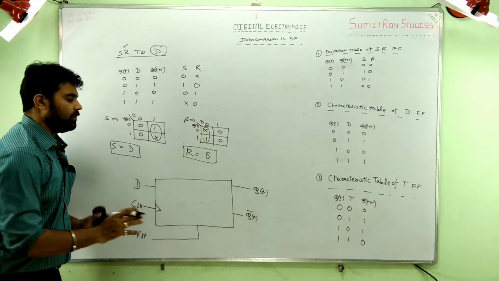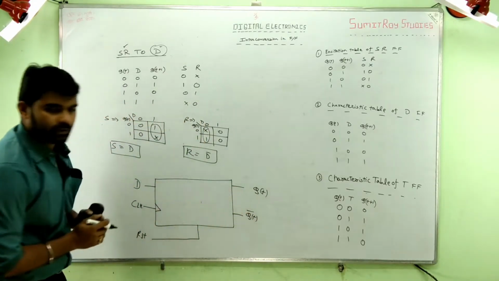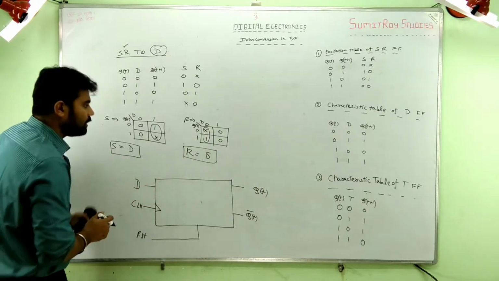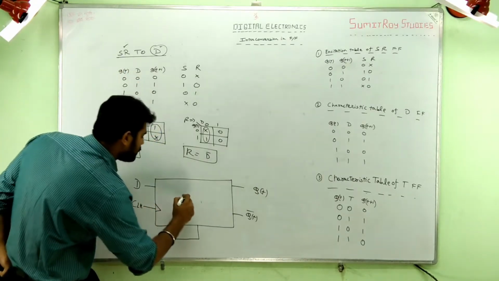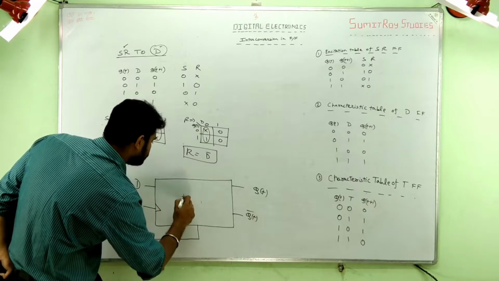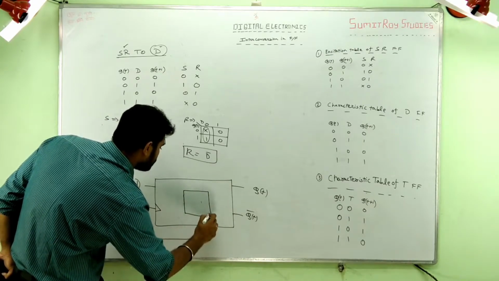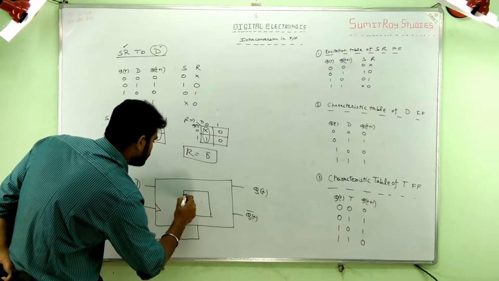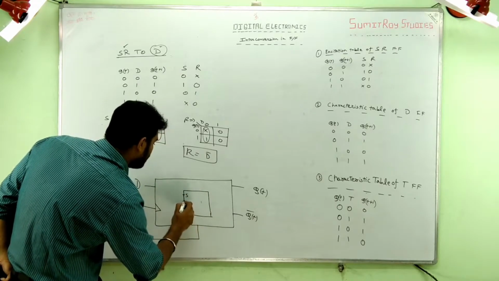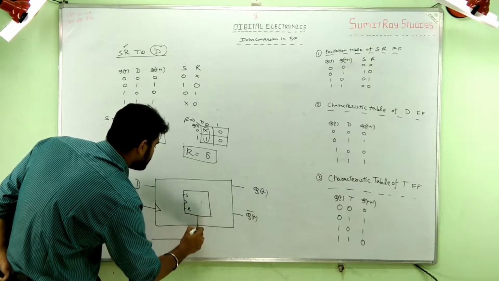This is the available part that we are having. This is what is required. Now what is given is SR, so I'll write the SR part also. So this is S, this is R, and this is clock, and obviously this is reset.